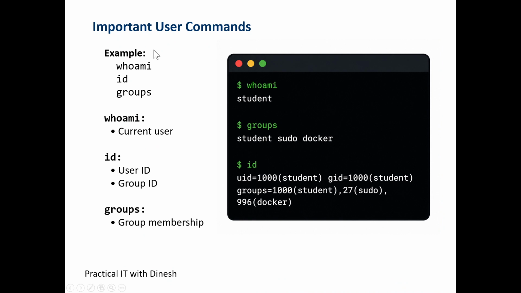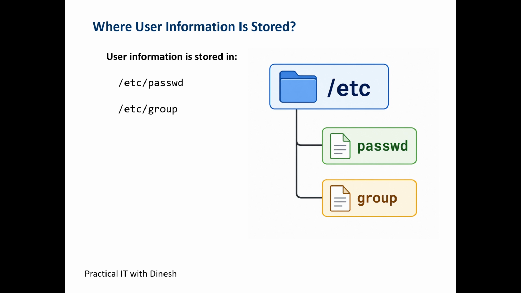So here are the important user commands that we used: whoami, id, and groups. whoami is for the current user, id is for user ID and group ID, and groups is for group membership. User information is stored in /etc/passwd and /etc/group.